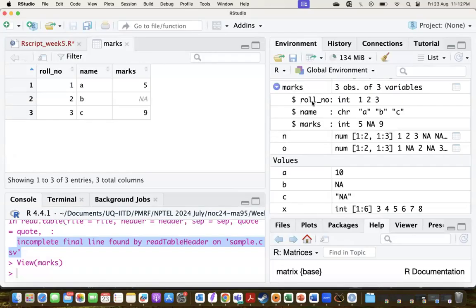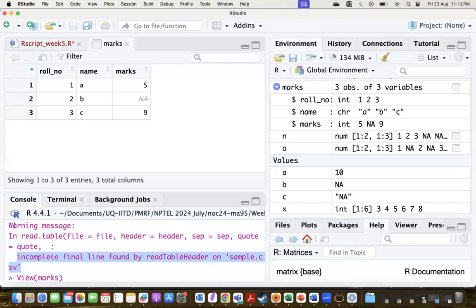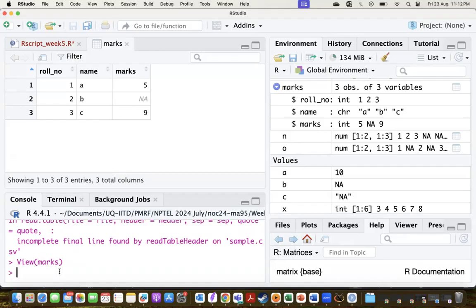For example, you can see here that roll number is a number, name is character type, and marks are again numbers, right? Anyway, long story short, although when we read this it gave us a warning message, we still got our variable defined here. And that missing value was automatically read in R as NA. And this is what we wanted, right?